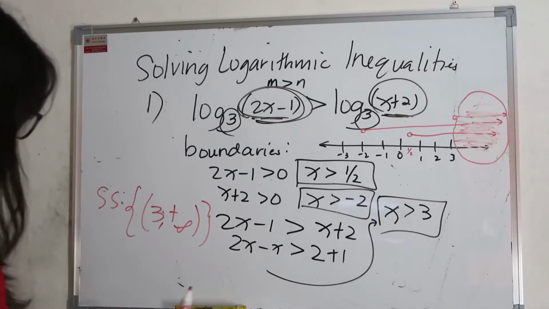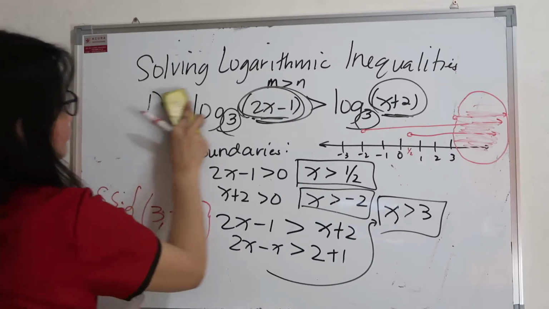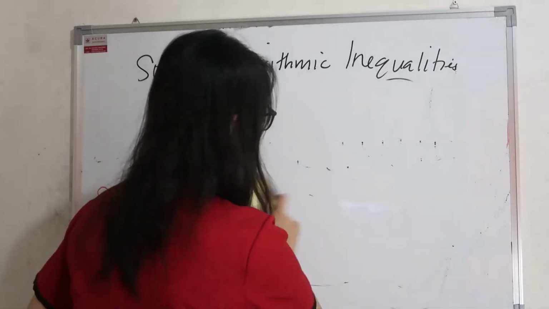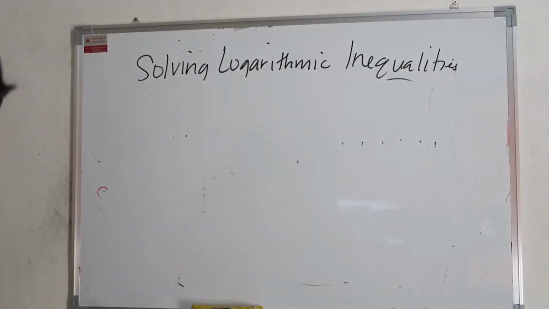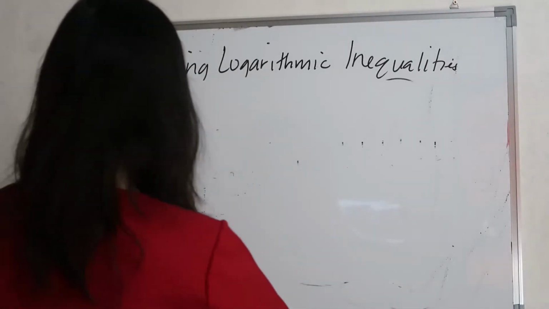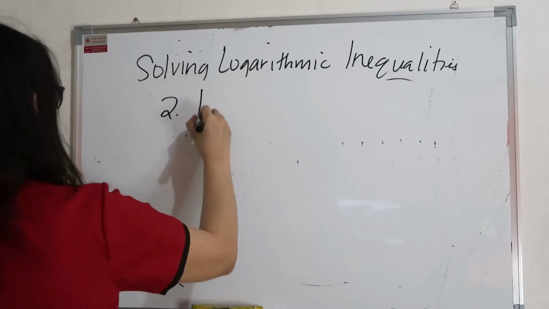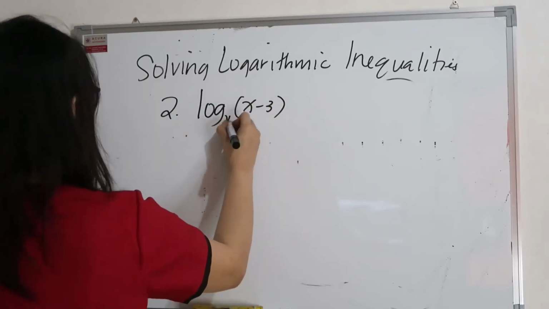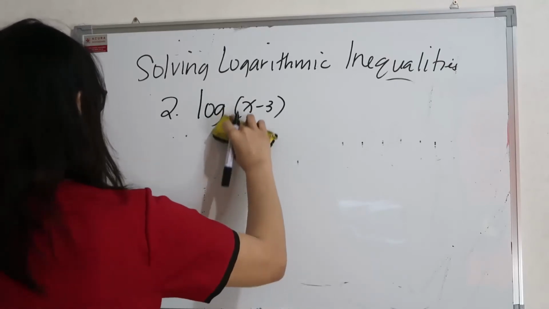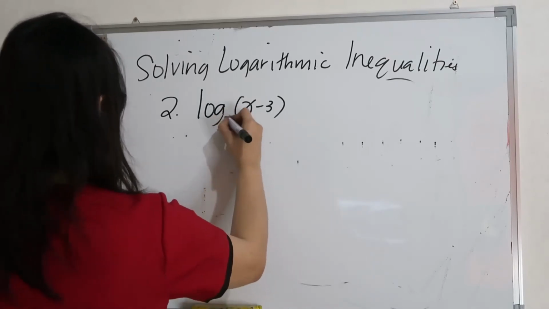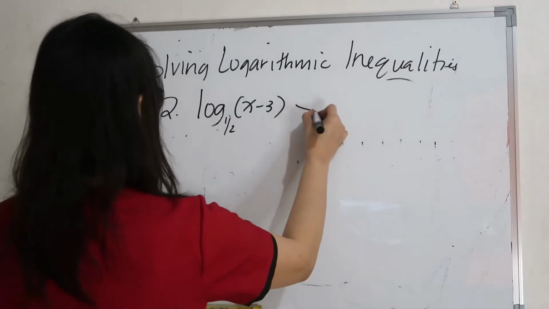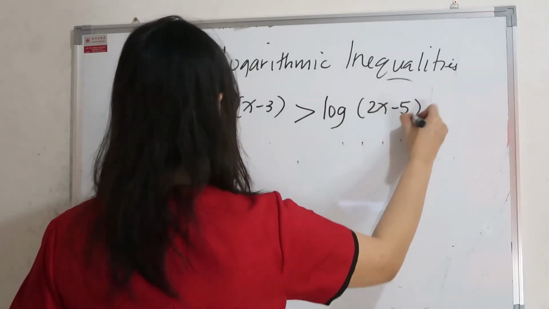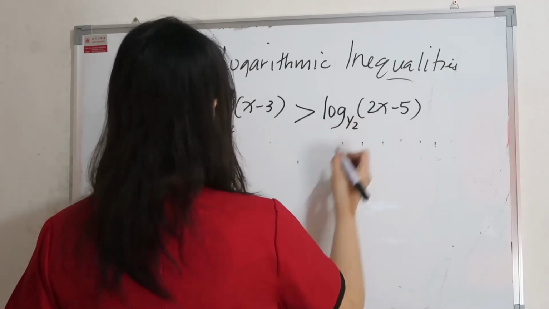Another example. Log of x minus 3 with a base 1/2 is greater than log of 2x minus 5 with a base 1/2.